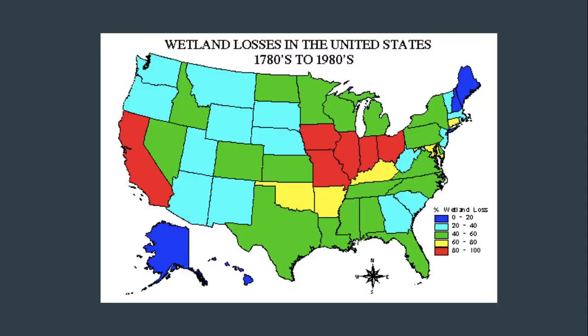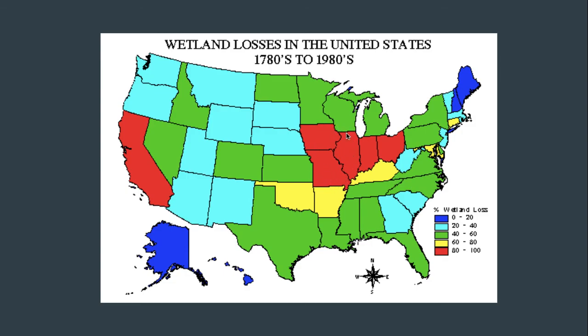All right, so we have this pretty picture of a map of the United States from the 1780s to the 1980s. So this doesn't even take into account the last 40 years. But you can see these states that are heavily populated, like California, they've lost a lot of wetlands. Here in the Midwest, you might see a lot of farming area.